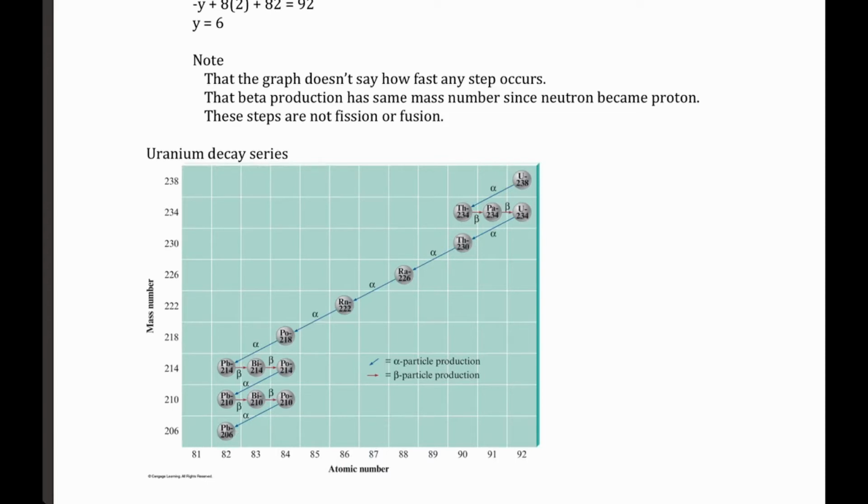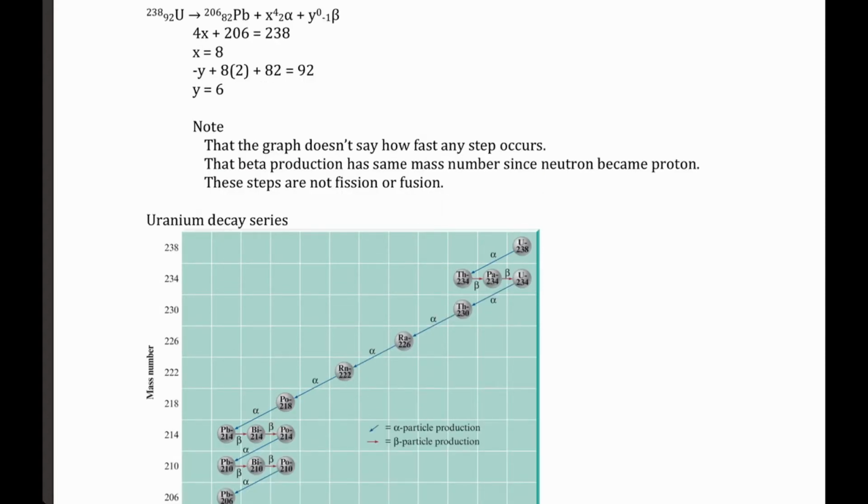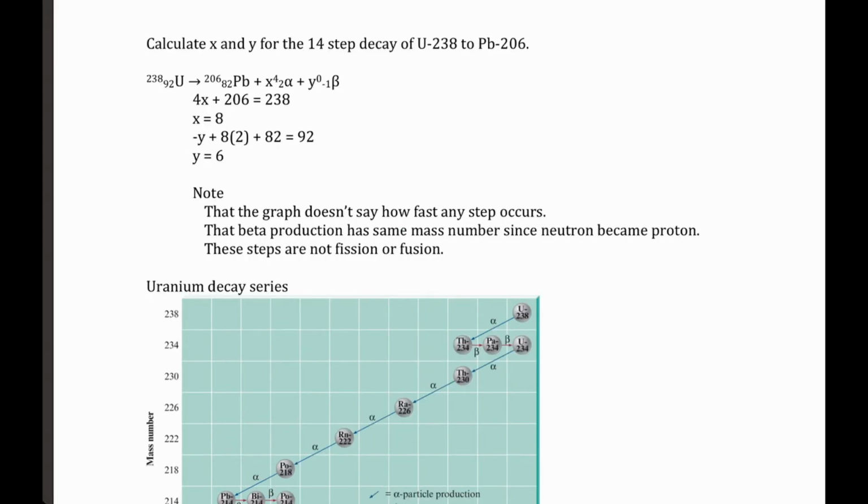There's U-238 up at the top right corner, and it decays by alpha, then a couple of betas, then many alphas, and then some more betas and alphas, till it finally is stable at lead-206. If we were asked how many alpha steps and how many beta steps it undergoes, that's our problem there.